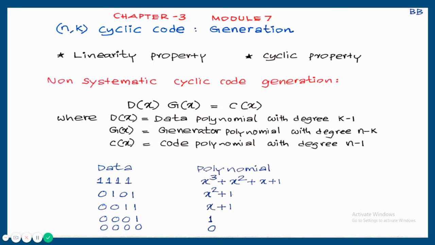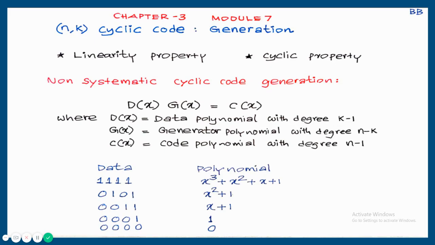Cyclic property: cyclic rotation of any valid code can generate another valid code. So if both properties are satisfied, it is a cyclic code. If only the linearity property is satisfied, it is a linear block code. That is why cyclic codes are always linear block codes, but all linear block codes are not cyclic codes.